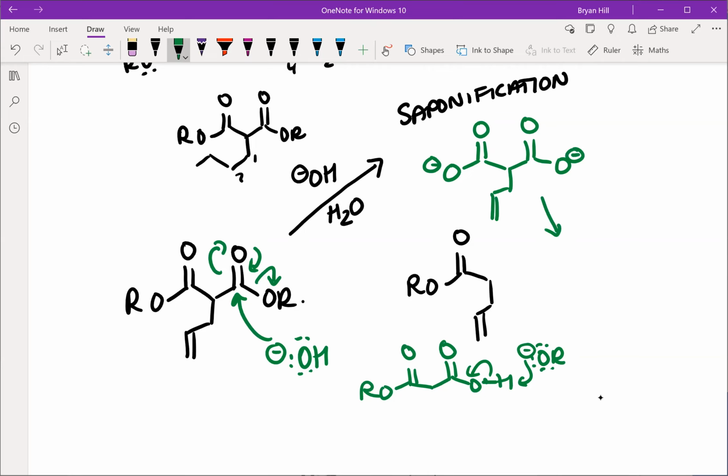And then when you add your acid at the end, it's going to be the diacid. Something like this. Then if you heat this guy up, something really interesting happens.